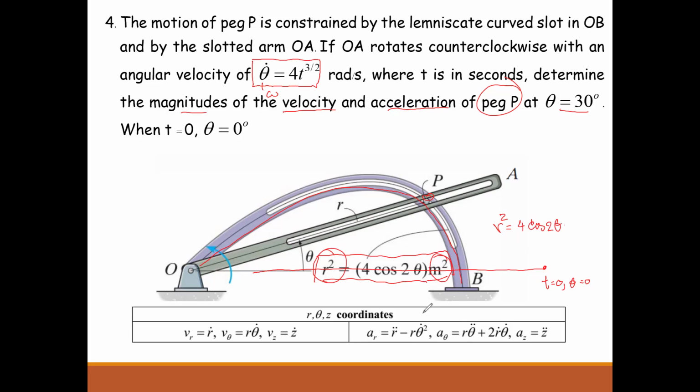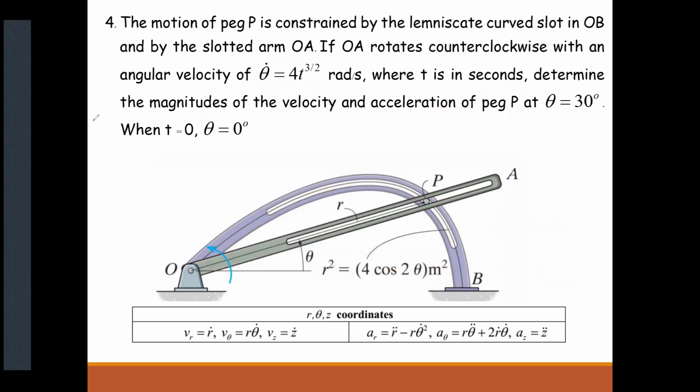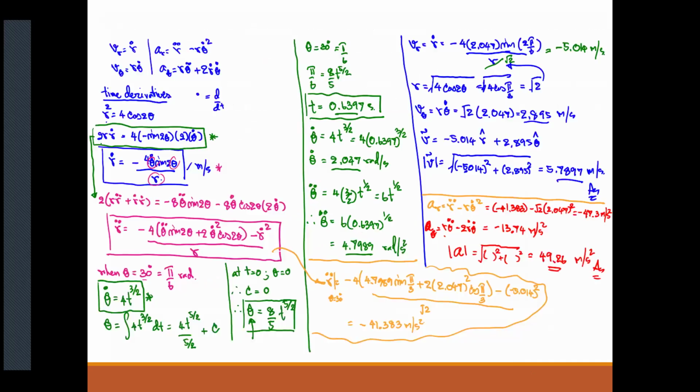After that, we just substitute into the formula and obtain the velocity components and acceleration components. So for this case, we can solve like this. We start by taking the first derivative of the r function and theta function.